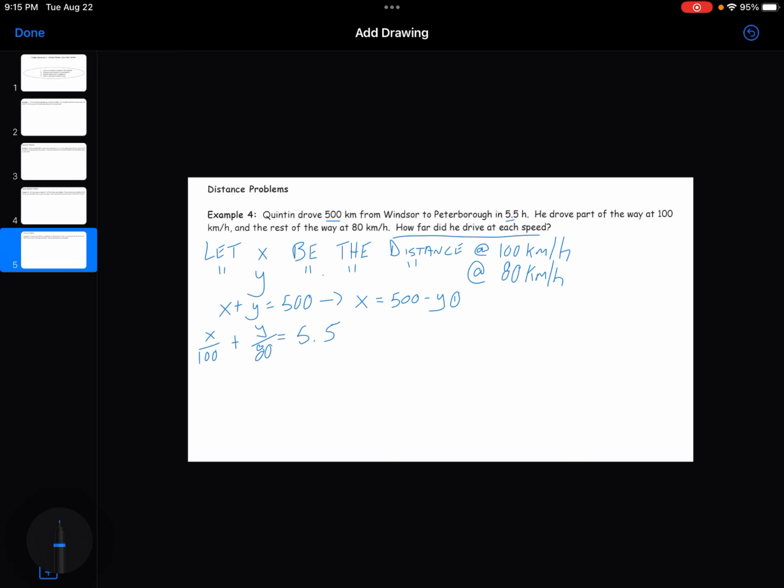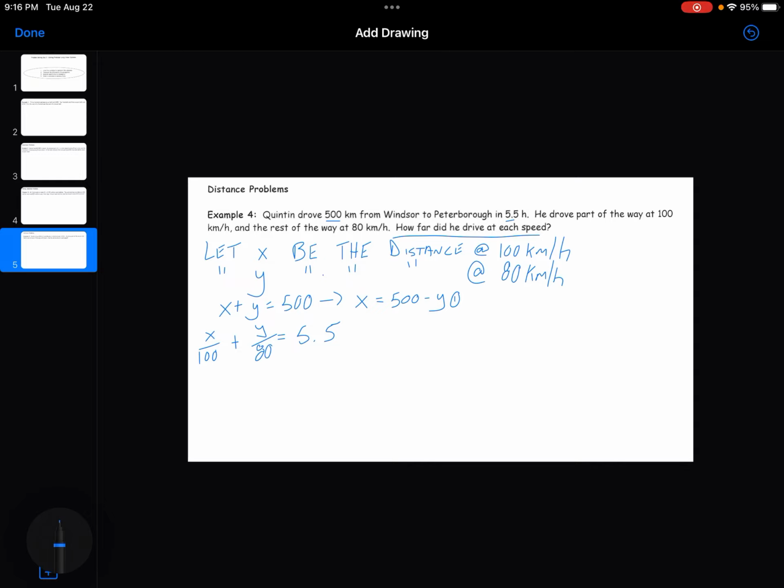Now we need to clear our fractions here. So to clear our fractions, there's a bunch of different ways you could do it. Probably easiest way is to just define a common denominator. So if we were to multiply these both by 400, we would be able to get rid of everything. Or you could multiply it by 800 if you really wanted to. So if we multiplied this by, let's say 800, let's say that's the easiest one.